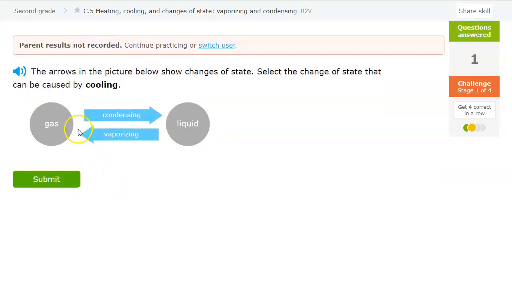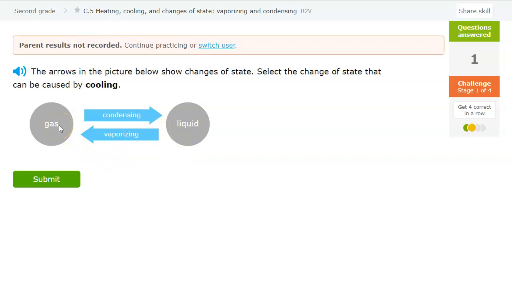Let's try another. The arrows in the picture below show changes of state. Select the change of state that can be caused by cooling. So do we take liquid and cool it down to get gas? Or do we take gas and cool it down to get liquid? Well, we just figured out in the last question that liquid to gas takes heat.